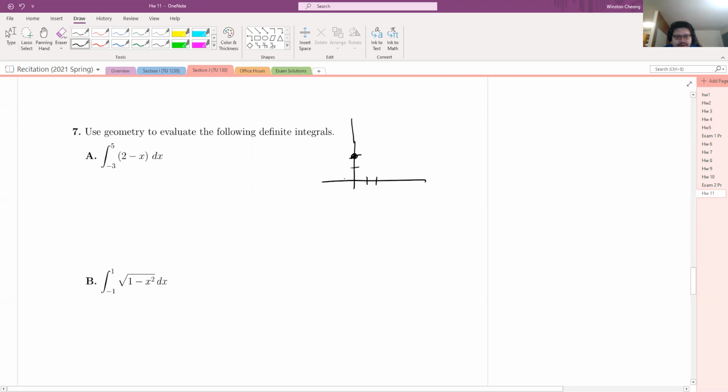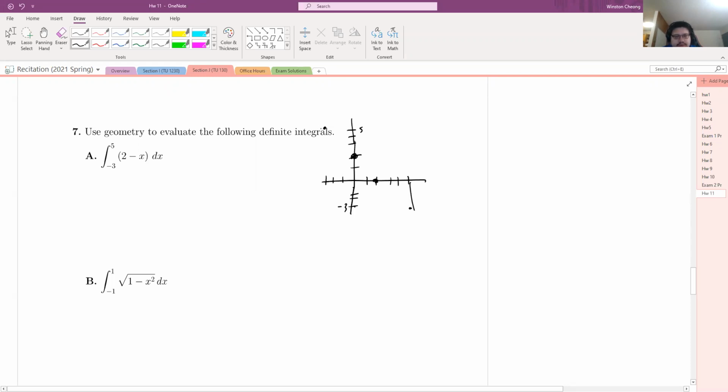We end up needing to extend this 3 to the left, so that's going to bring you up to 5. So you'll be like up here. And then you have to go 5 to the right. So first, you're going to hit the x-axis at 2, and then you're going to go 3 more to the right. So you go to -3, which lands you there.